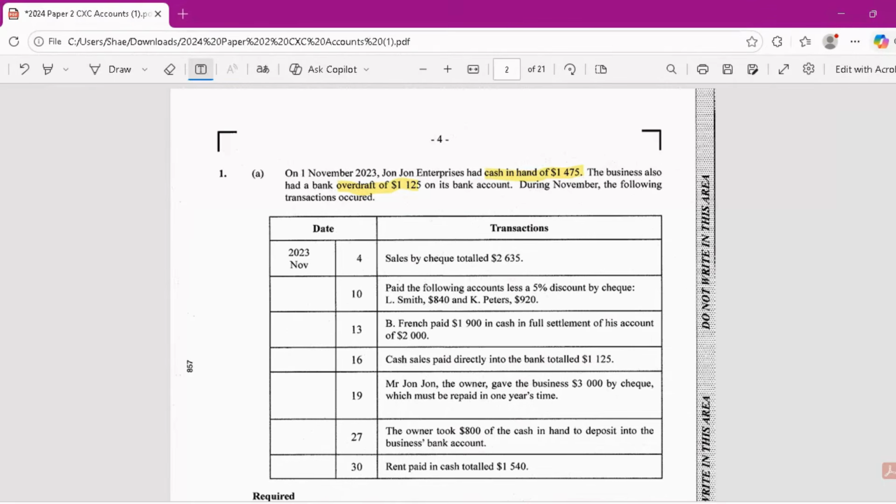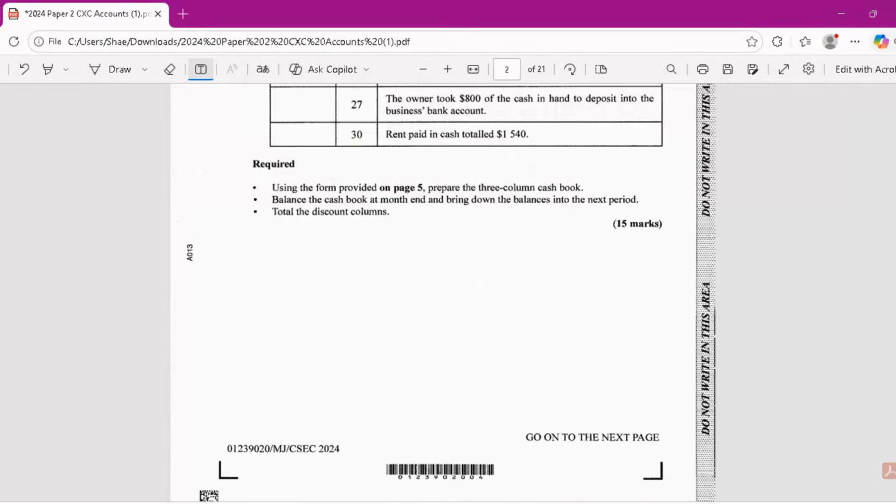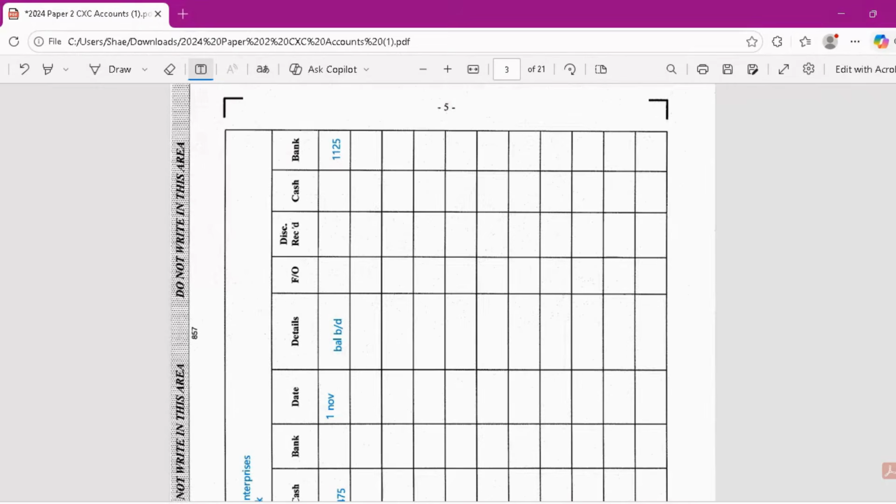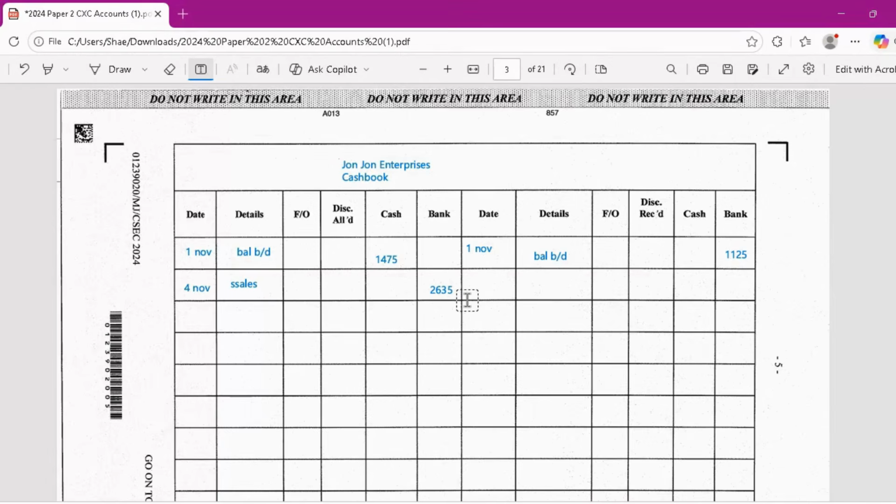So we go down. It's November 10, and it was 840 for L. Smith.